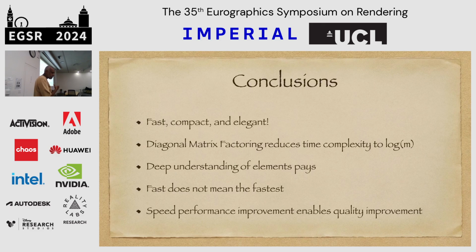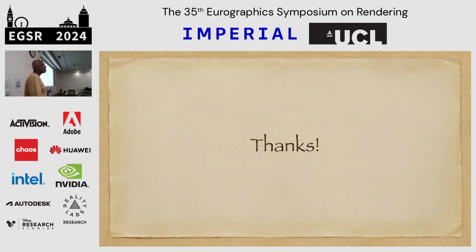And we learned that fast doesn't mean the fastest. Even if it's very fast, there can be a chance that it can be faster. And we learned that speed performance admits quality improvement. So even if it's already very fast, make it faster to make it better. So this is what we did. So thank you.